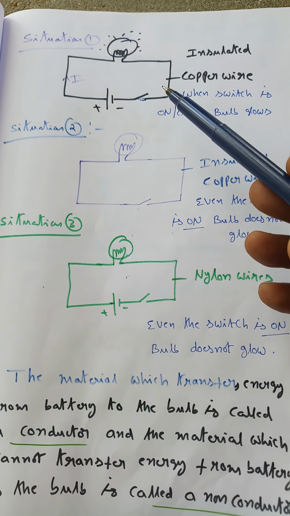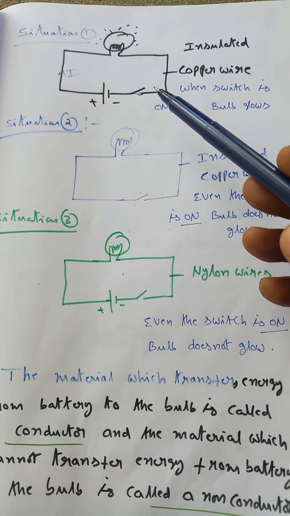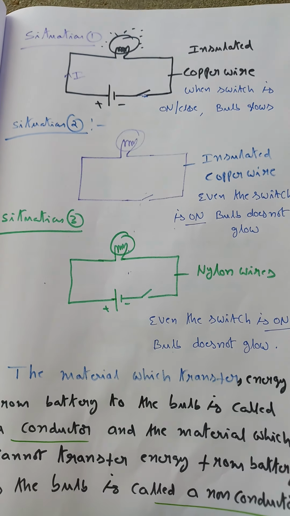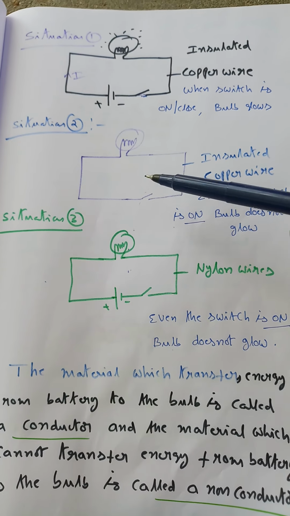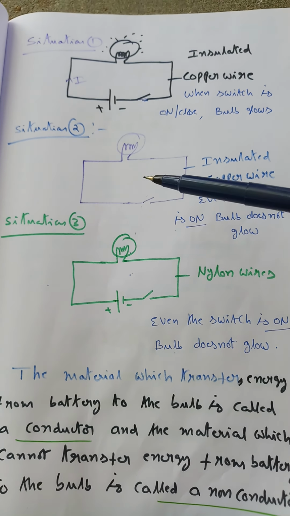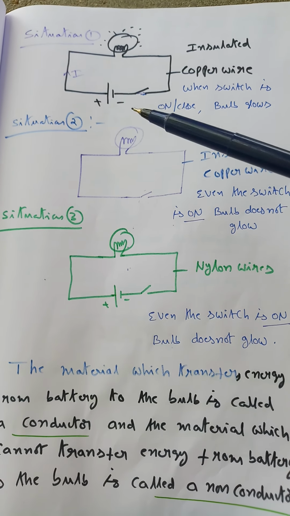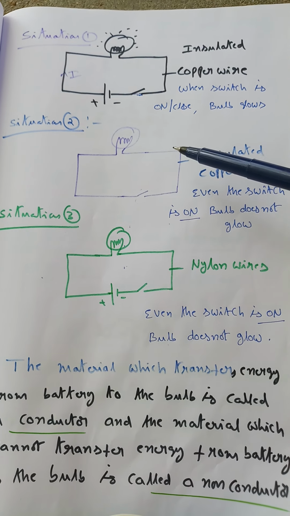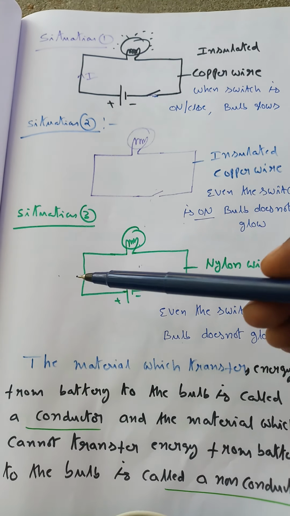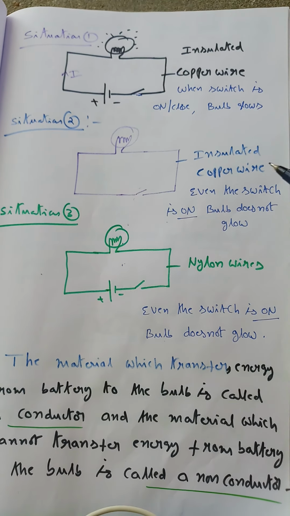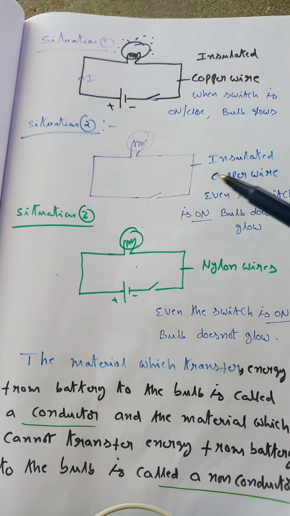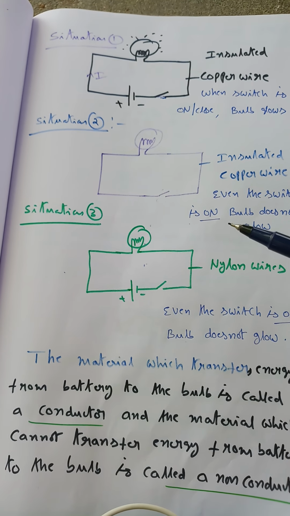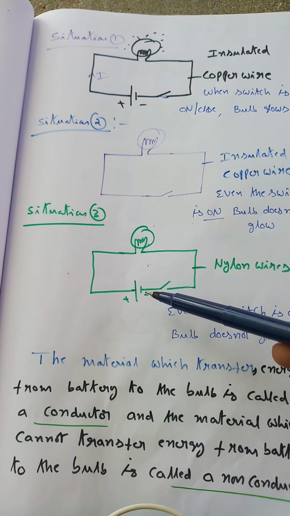So from the first case we learned that a closed circuit is required for the flow of current. From the situation 2 you learned that a source of power is required for the flow of current. Now see here in the situation 3 there is a bulb, there is a switch arrangement and there is a source of power also.